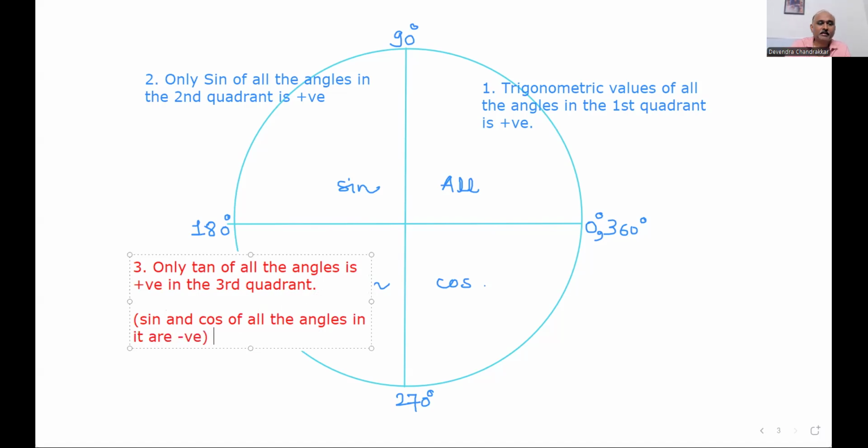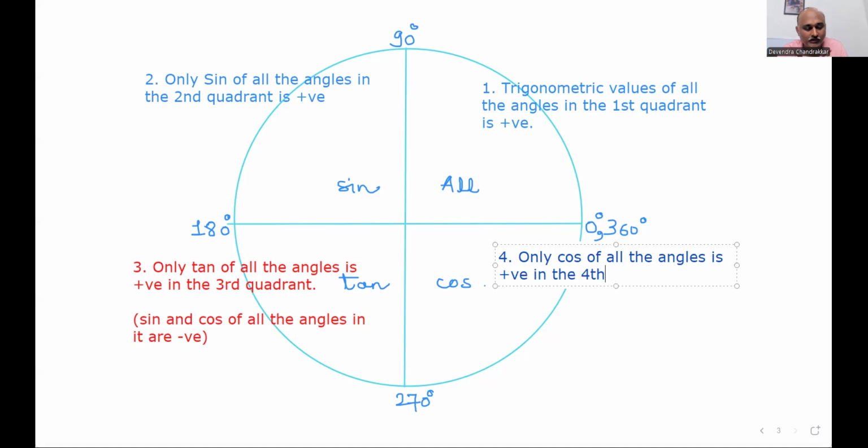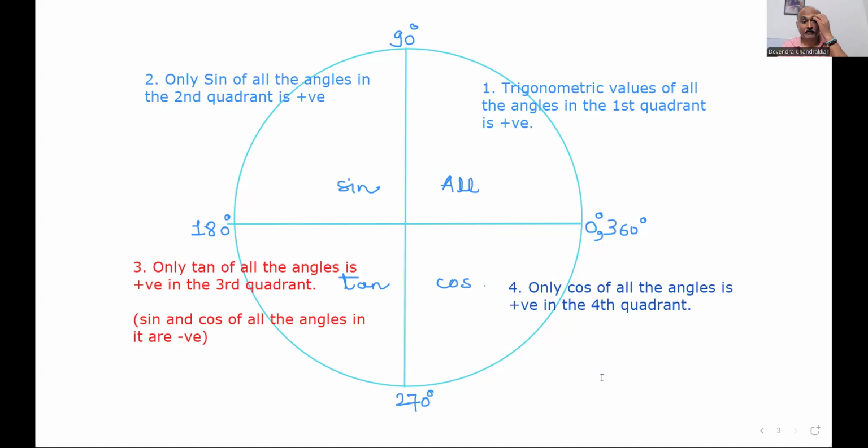Right? Then comes the last one. This is the fourth one. Only cos of all the angles is positive in the fourth quadrant. ठीक है? That means cos of 330 degree will be positive or negative? It will be positive, right?